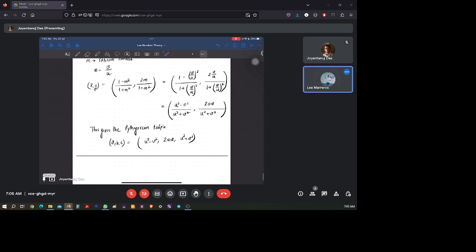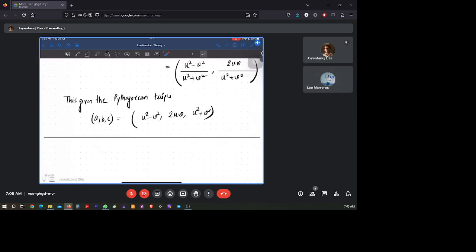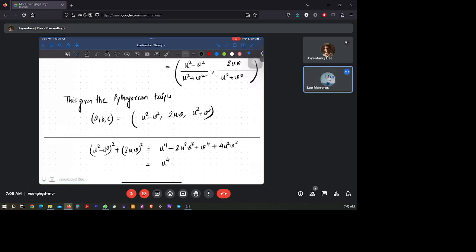Right. So this one you can also verify whether it is true or not. So u square minus v square whole square plus 2uv whole square gives u power 4 minus 2u square v square plus v power 4 plus 4u square v square, which is nothing but u square plus v square whole square.